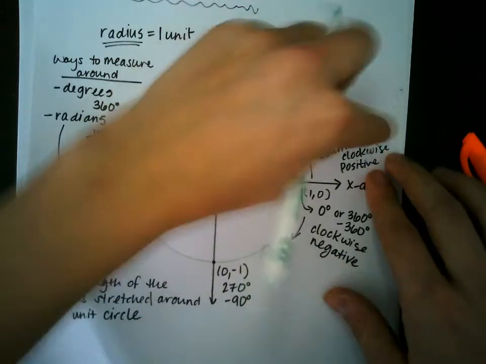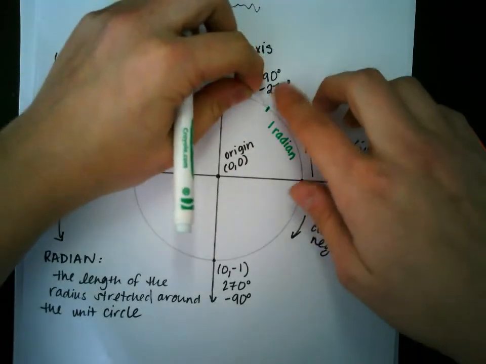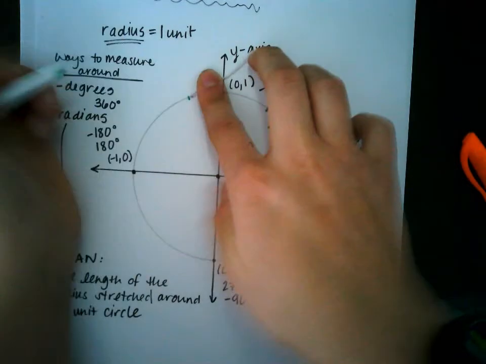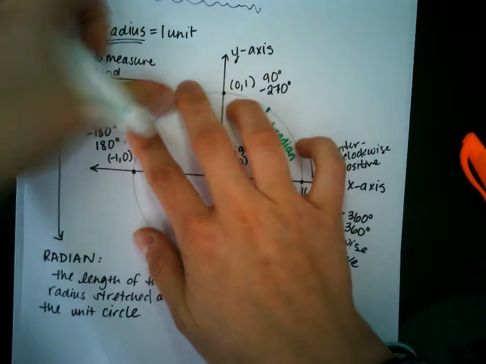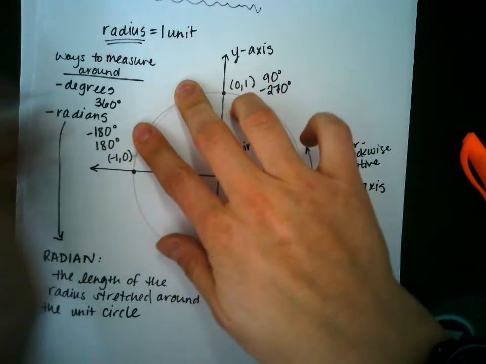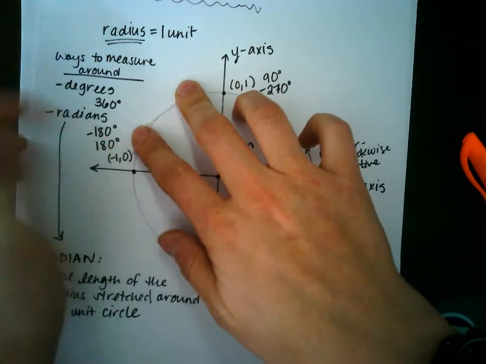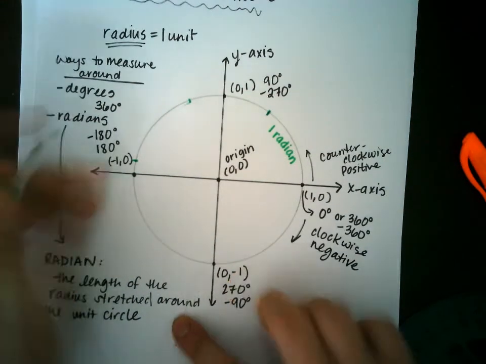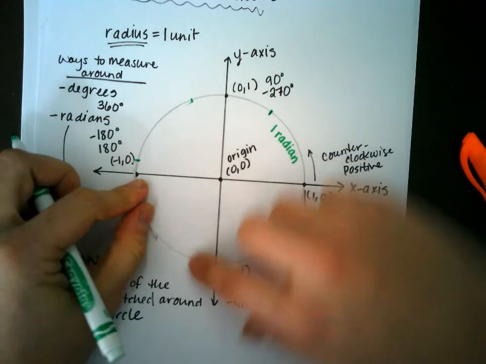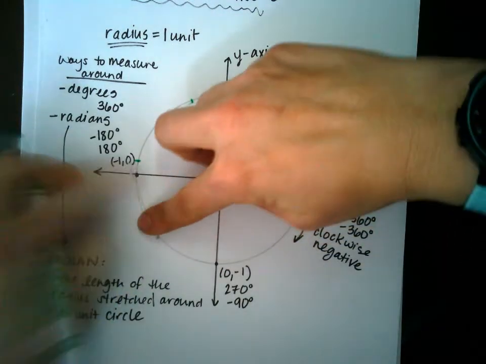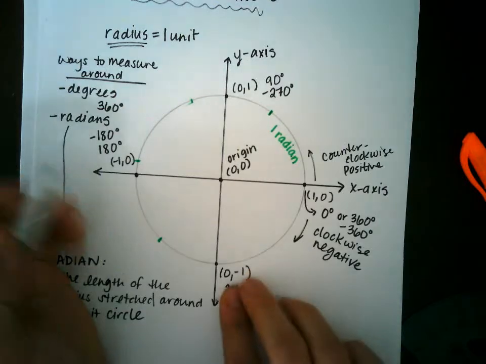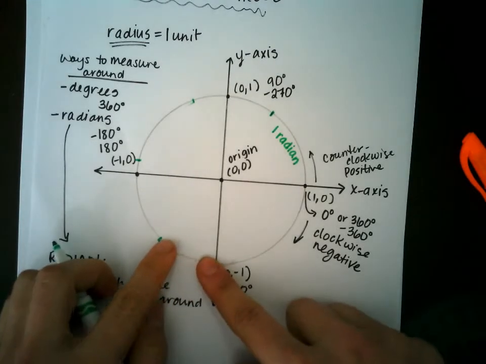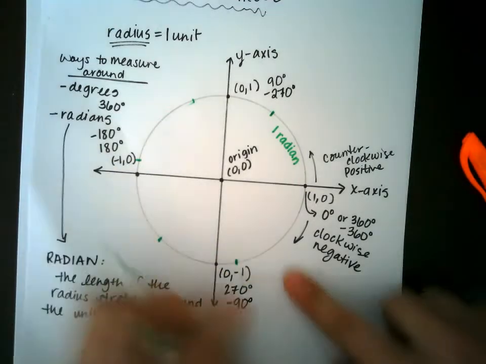I'm going to stretch it around the rest of the circle to see how many times it goes. So here is about 2 radians. About 3, so just over 3 is half the circle. We will keep going. 4 radians. 5 radians.